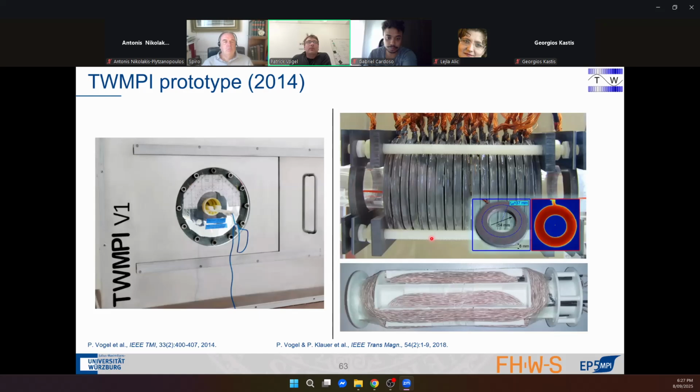That was the scanner, our first version of the MPI scanner. So here in this nice aluminum box, here on the side you can see the gradient system, and of course you see that there are not only 16. Here we have 20 coils. We need this because we have a problem with the coil-coil interaction, and we also started with 3D printing all the parts.